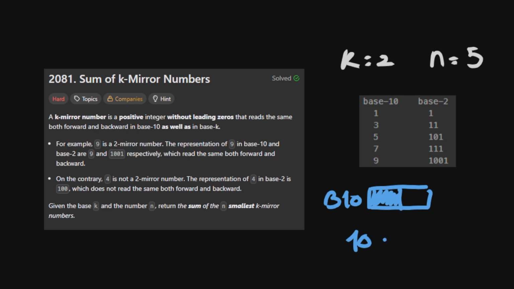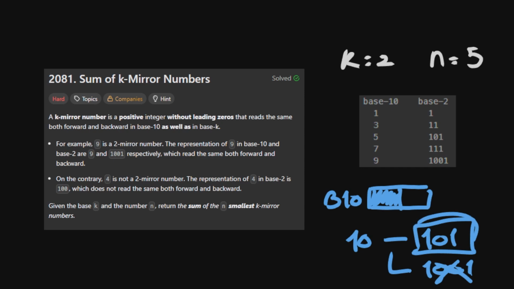So from 10 we can build 101 and 1001. First we'll forget about this and we will take this. We know this is a palindrome, and then we transform this into base k and we check if that is also a palindrome, and if it is, we add this to the result.